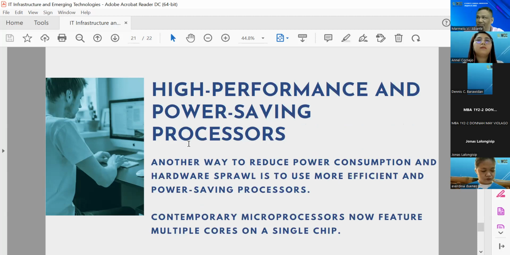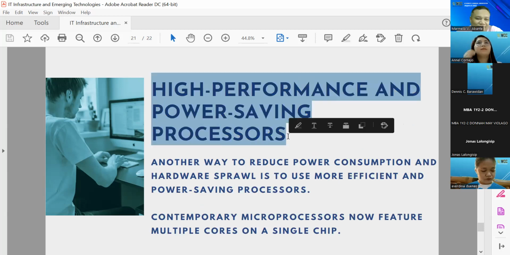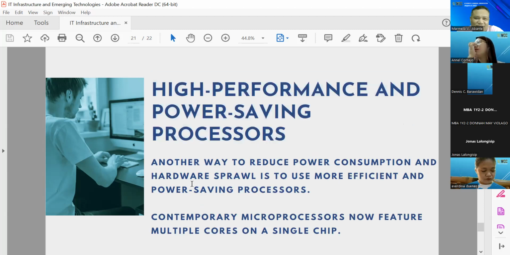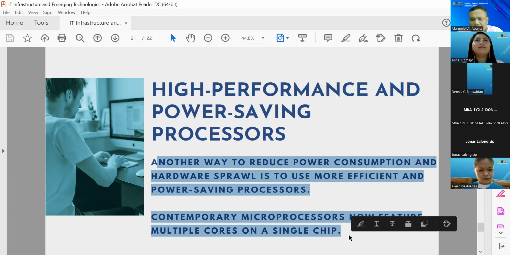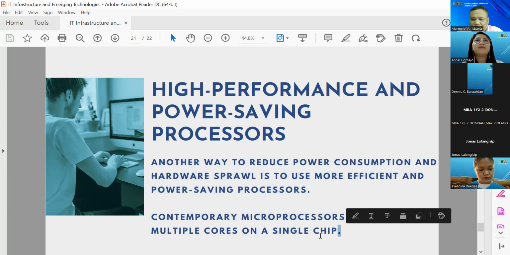Last trend sa ating hardware trend is the high performance and power saving processors. Another way to reduce power consumption and hardware sprawl is to use more efficient and power saving processors. Contemporary microprocessors now feature multiple cores on a single chip.